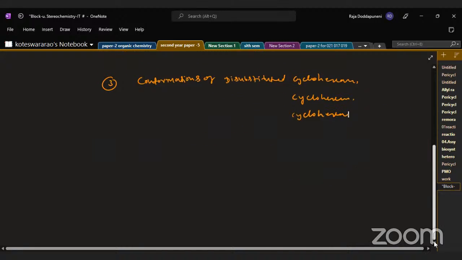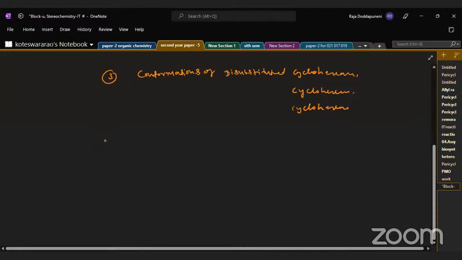Next, the fourth one: conformations of some other monocyclic and bicyclic systems.